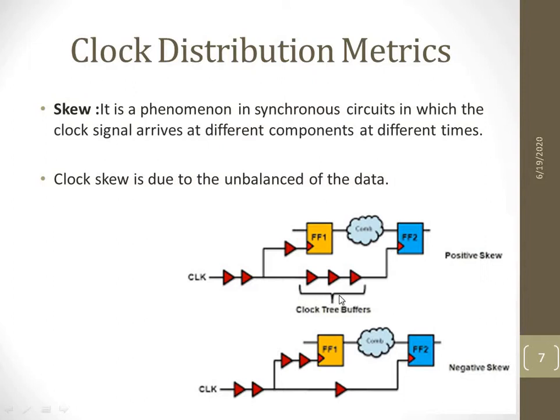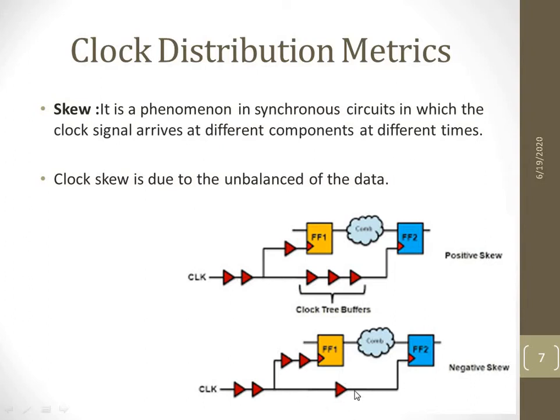It has taken 3 clock buffer times to arrive at flip-flop 2, but to flip-flop 1 it has arrived faster. So FF1 time minus FF2 time will result in positive, so this we call a positive skew.